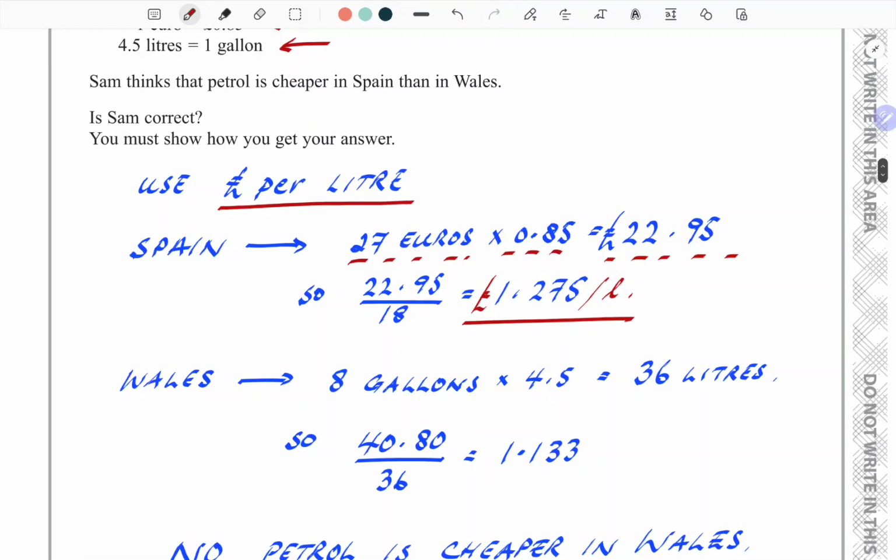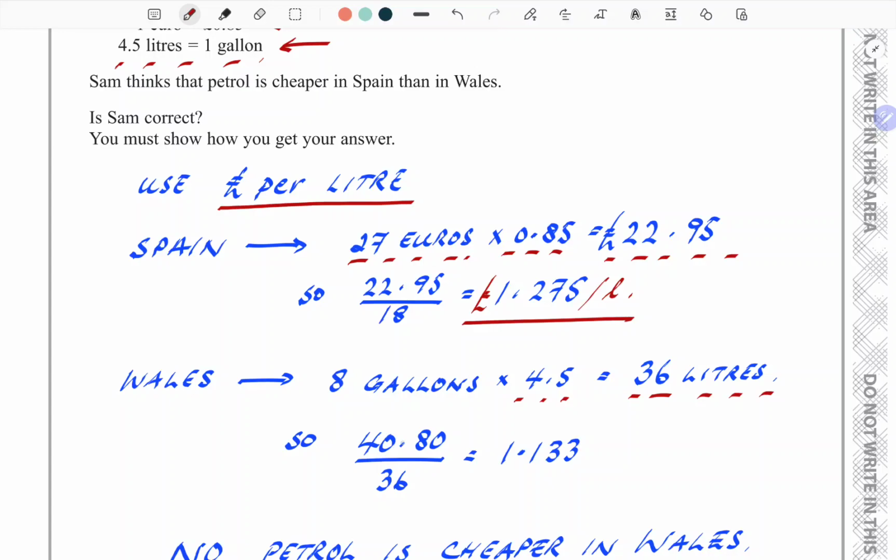For Wales, the same calculation. We already have it in pounds. All we need to do is convert the gallons into litres. Remember, it takes 4.5 litres for 1 gallon. So 8 gallons times 4.5 gives us 36 litres.